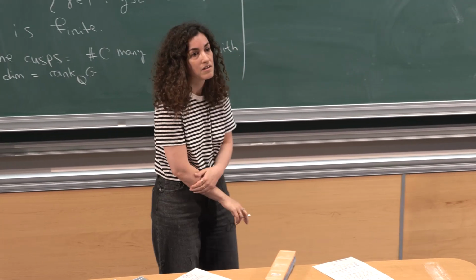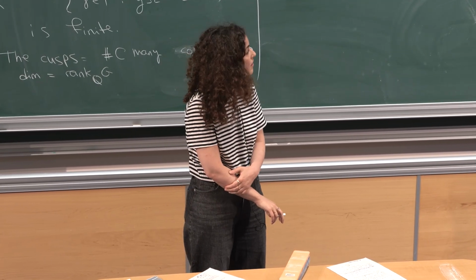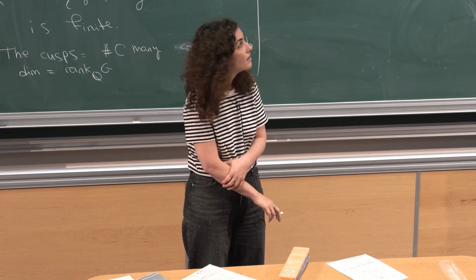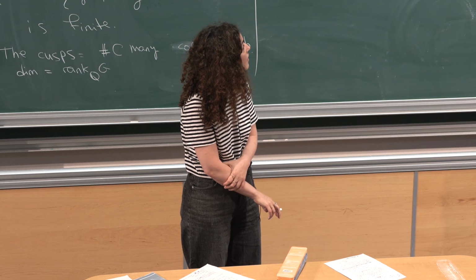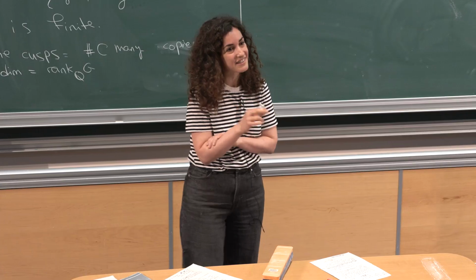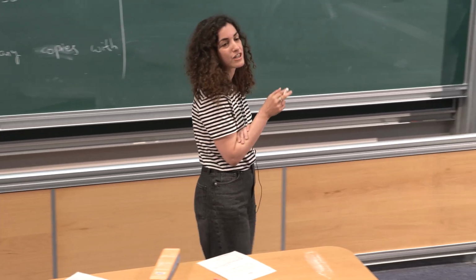You don't need to be bounded away from 0, because in your picture it seems like you have to. So in the theorem I think the numbers are greater or equal to 0.